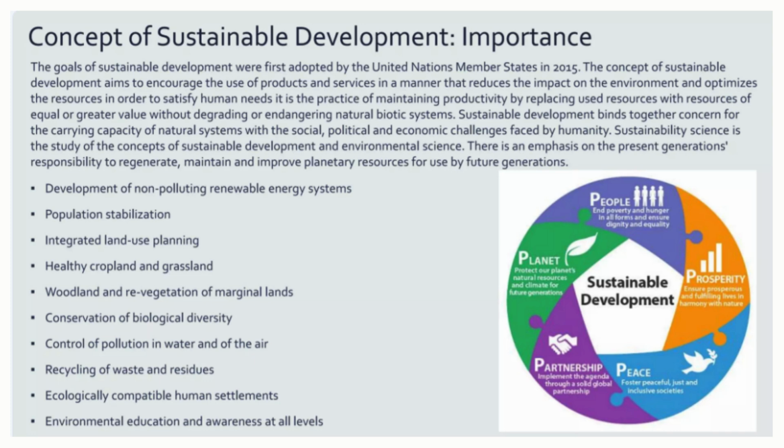As you can see in this diagram, in the middle is sustainable development, and around it are the people, the planet, partnership, peace, and of course, prosperity, the goal of human beings.